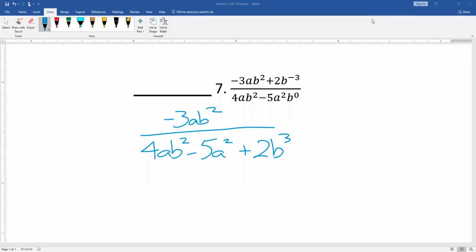Okay, remember when you are adding and subtracting terms, they have to be like terms in order for you to combine them. However, in this case, the ab terms are like terms.